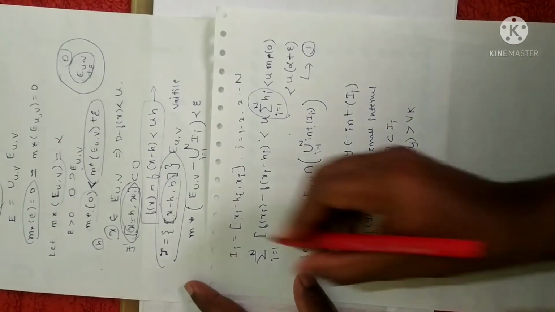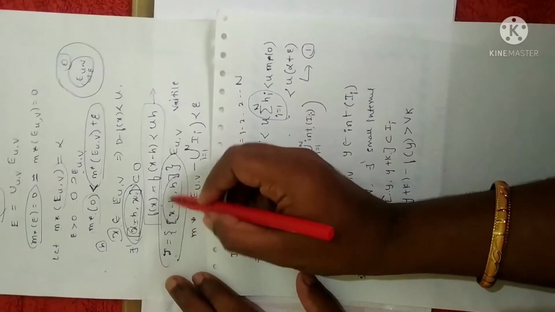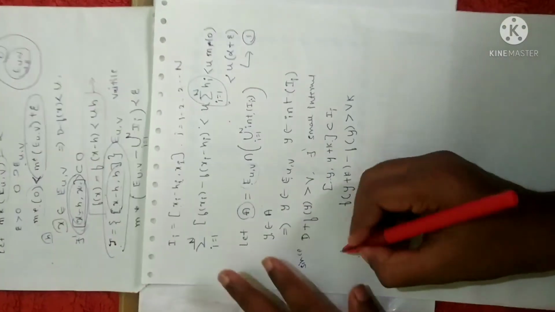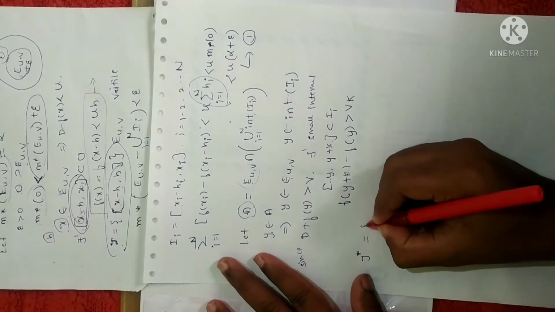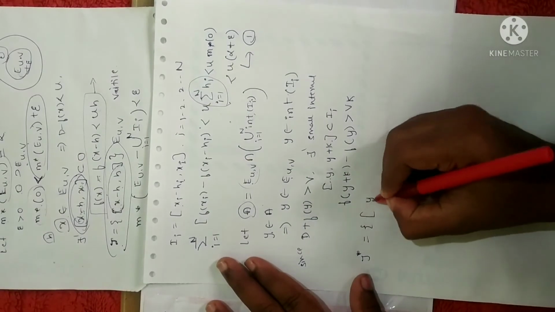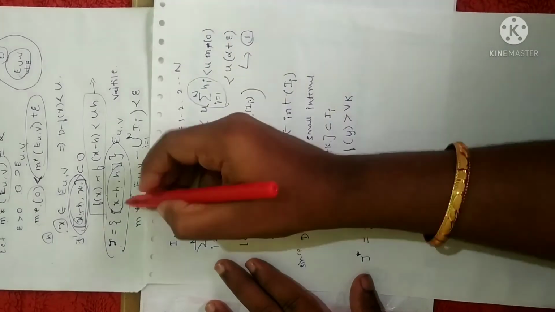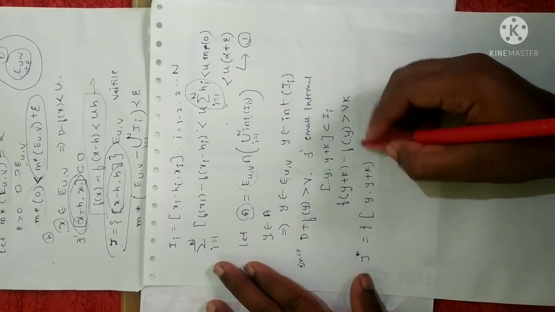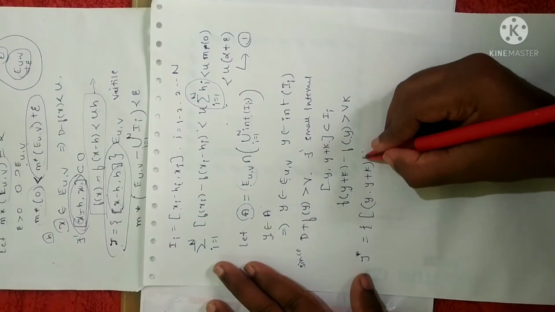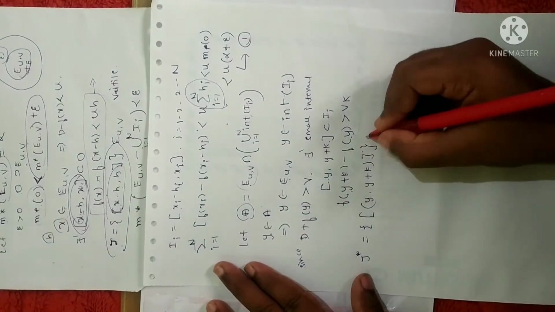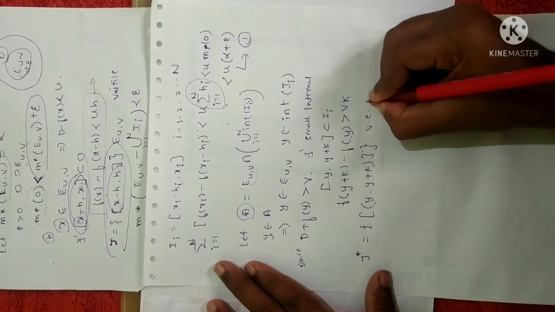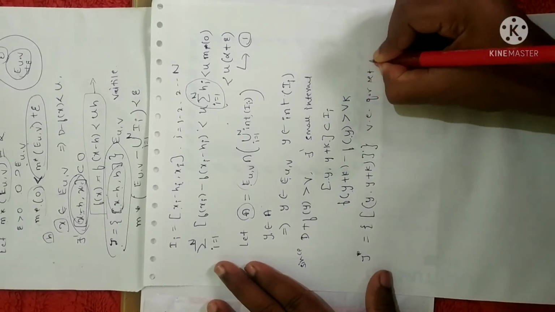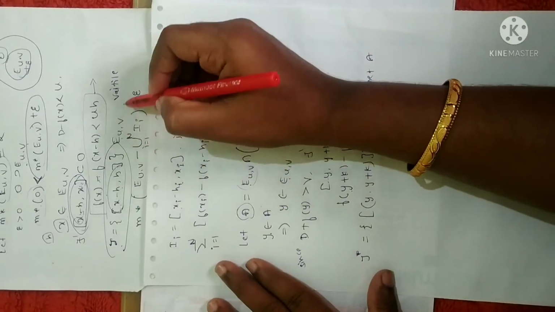Since here I have considered tau as a collection of all the elements, now let me take tau star. For the second case, tau star is the collection of y comma y plus k. Here x minus h comma h, here y plus k comma y, or y comma y plus k, and this will be the Vitali cover for the set A. This will be the Vitali cover for the set E of u comma v.